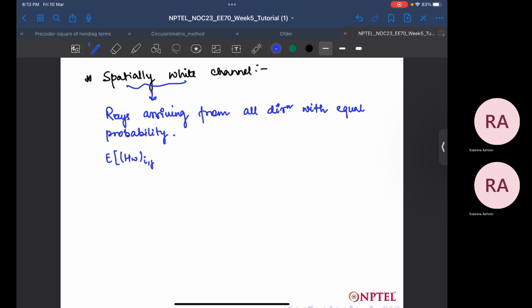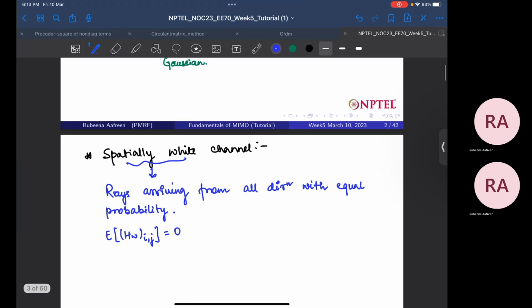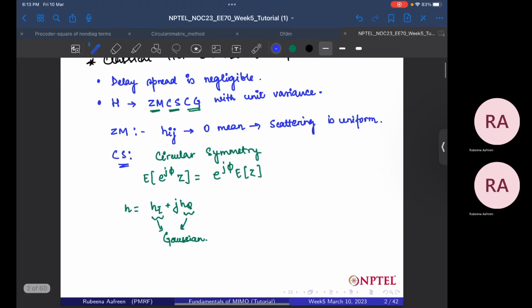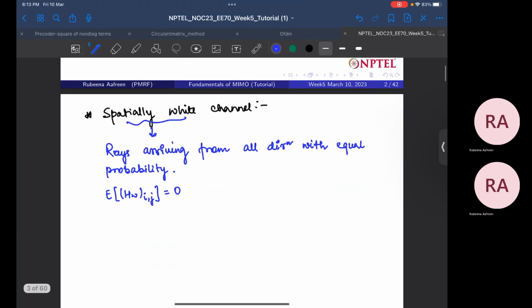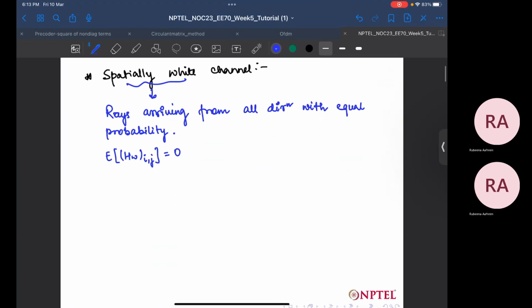The first thing is that each term of the spatially white channel is zero mean, like we have seen here that each term of h is zero mean. So in the spatially white channel, the expectation of each term is zero, and the variance of each term is one.